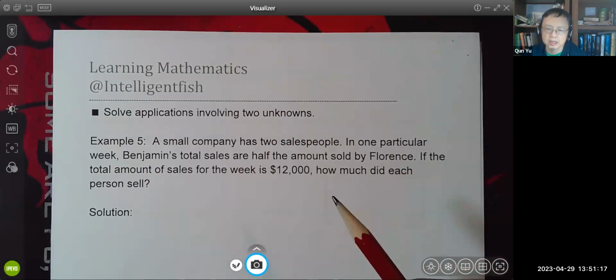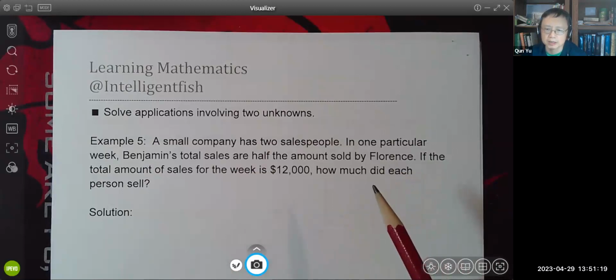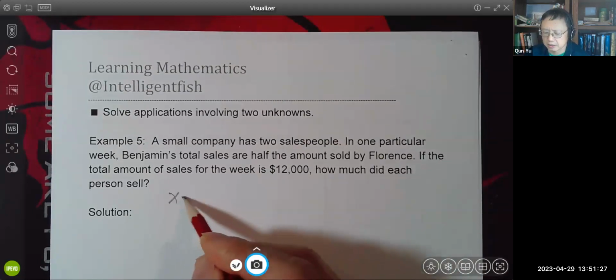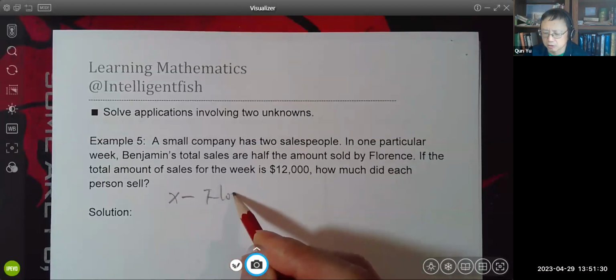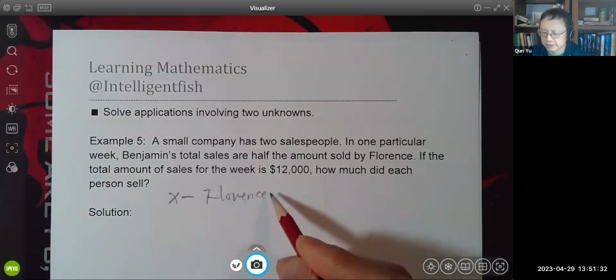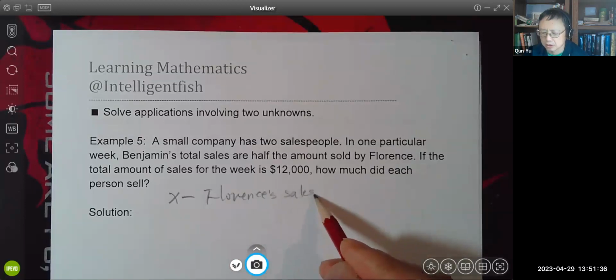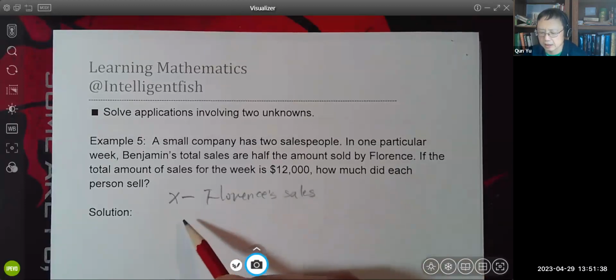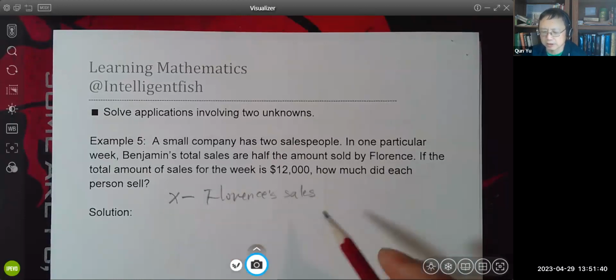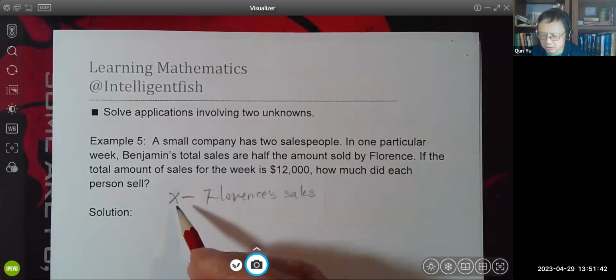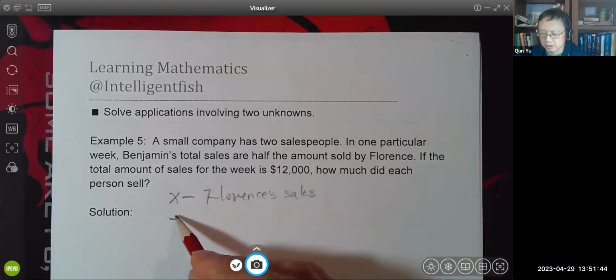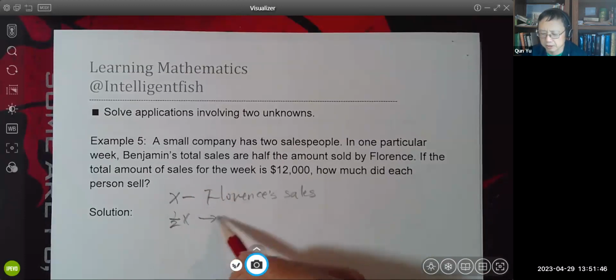Usually, it's more efficient in algebra to represent the reference by that variable, say x. So here x is Florence's sales. Then as soon as we represent Florence's sales, we get Ben's sales naturally. Ben's is just half of it.